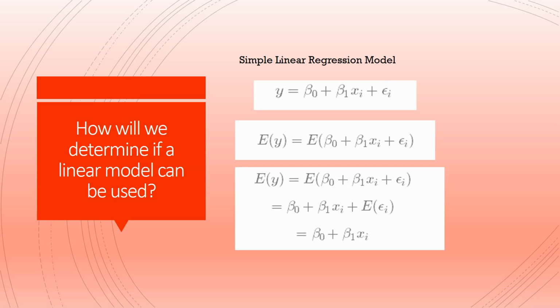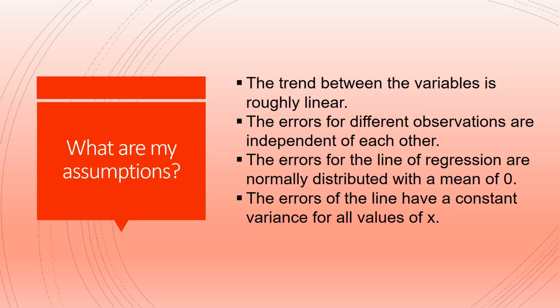So when we take the expected value of y, we get the beta naught plus beta 1 xi. This is because the expected value of the errors is 0. We want the errors to align across 0. We want the mean of the errors to be 0 for our model to accurately represent the data.